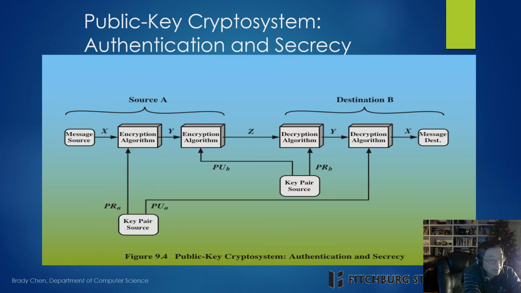Okay, now this is the third scenario using a public key crypto system. In this third scenario, we're going to use encryption and decryption twice. The sender is going to encrypt twice: first using its own private key, and then using the public key of the receiving side.